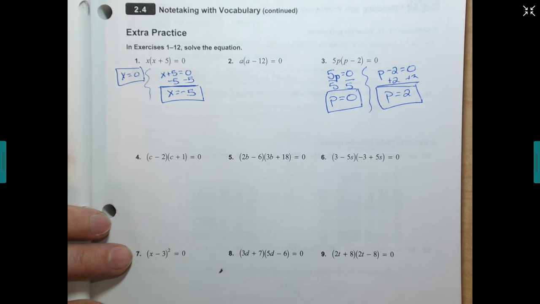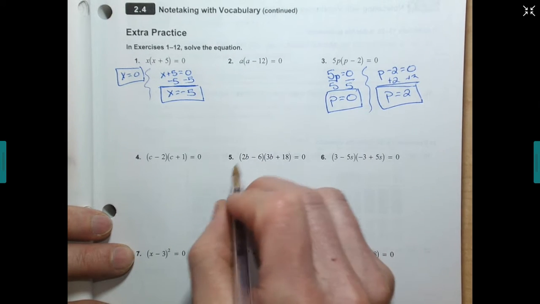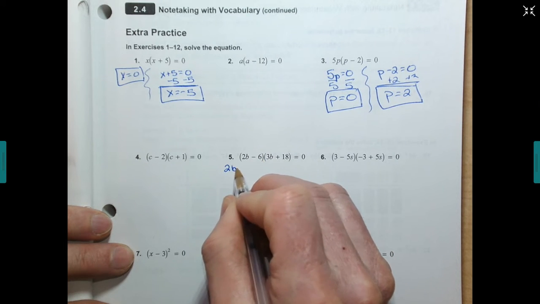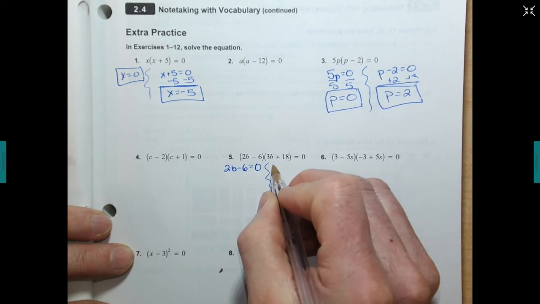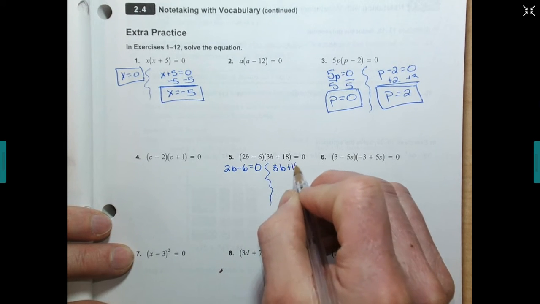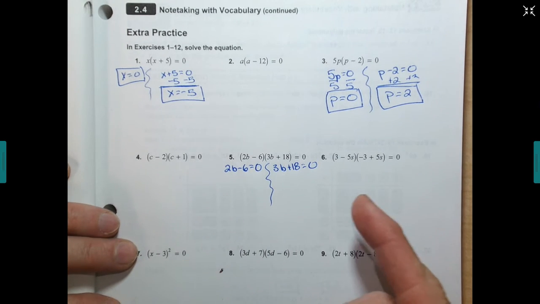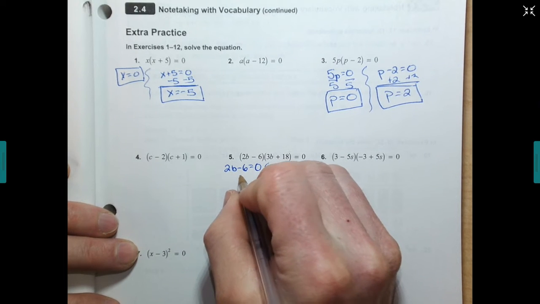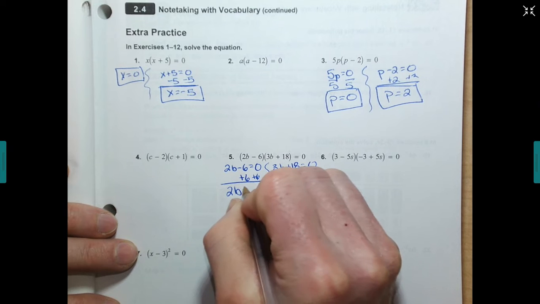All right. Okay, now we're getting into some more fun ones. So I split this into two equations. So I have 2b minus 6 equals 0. And then I have 3b plus 18 equals 0. And I do the same thing. I'm going to solve this equation like we did in algebra. Add 6 to both sides. So I have 2b equals 6.